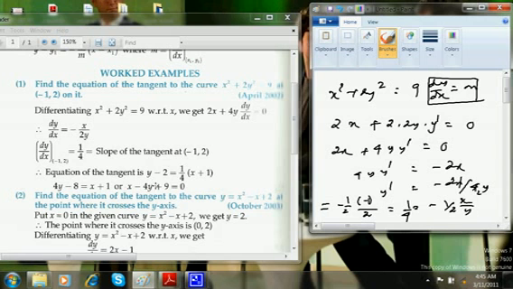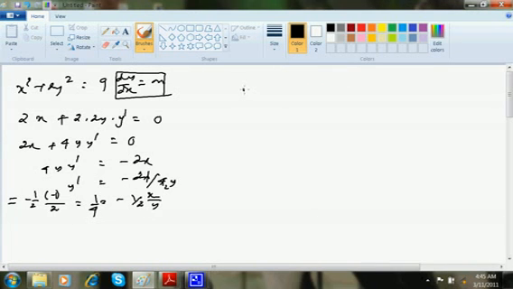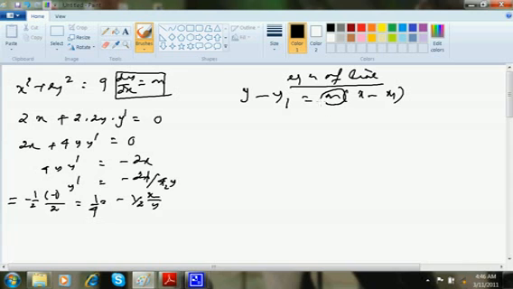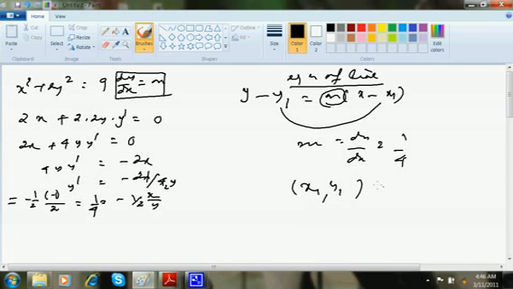Equation of the tangent: the formula for the equation of a line is y minus y1 is m into x minus x1. This is the equation of any line whose slope is known and any point on it is known. So the slope is what you got as dy by dx, which was 1 by 4, and x1, y1 was the point on it, which was given to be minus 1, 2.